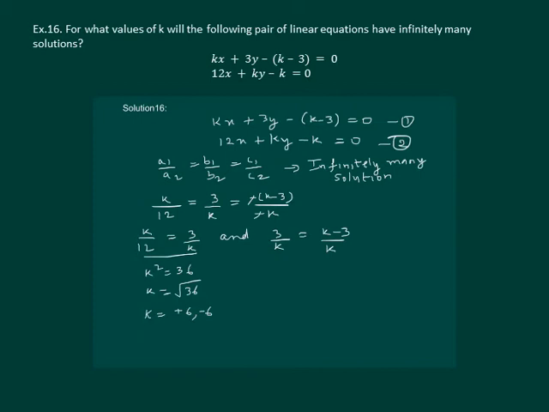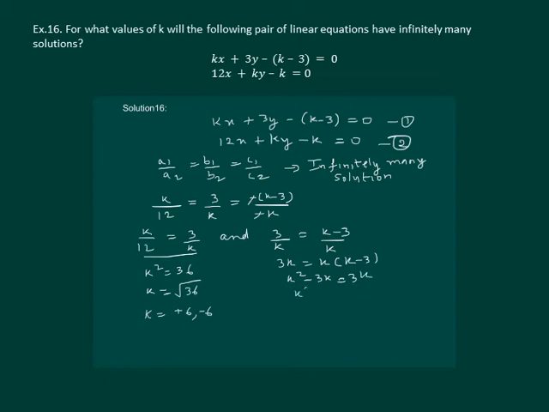From the second condition we have 3k equal to k into k minus 3, which gets converted into a quadratic equation, that is k square minus 3k equal to 3k.